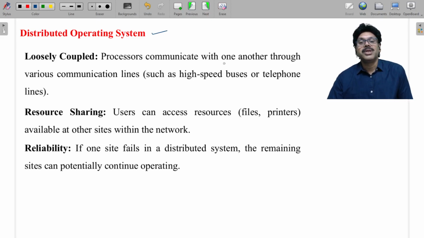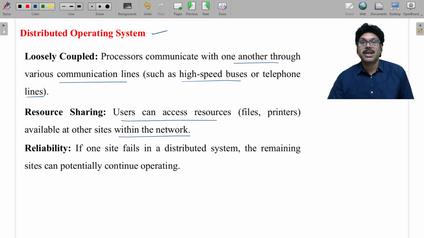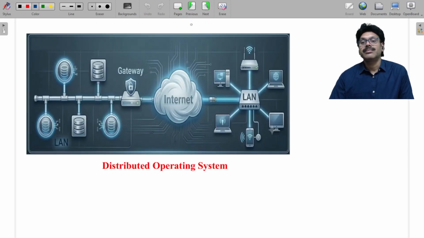Processors communicate with one another through various communication lines, high-speed buses or telephone lines, and share resources. Users can access resources available at other sites in the network, like the cloud. So nowadays we have YouTube. You can download or upload files. That's completely based on distributed OS. So this is how you are able to access things with the help of a network.